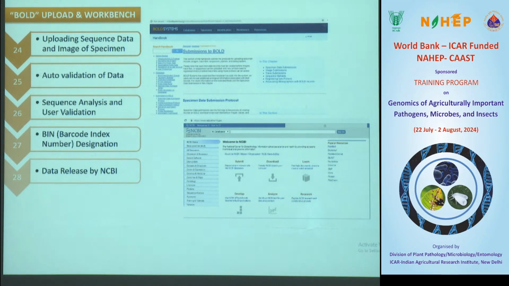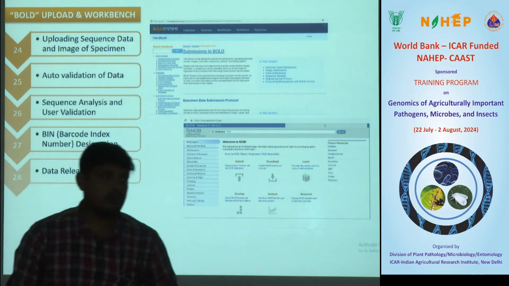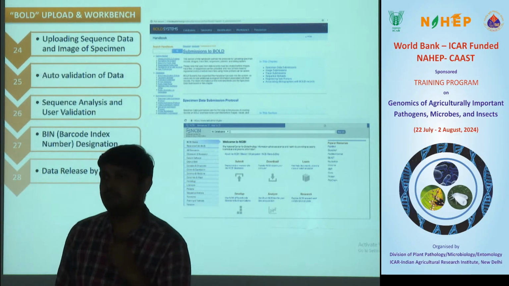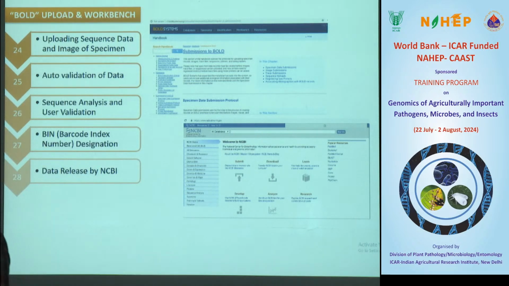For example, Helicoverpa armigera from India and New World like America and all, they have more than 2-3% difference. They will still name it as Helicoverpa armigera, but they will give 2 BIN numbers to it. That means if there are 2 BIN numbers, that means BIN 1 and BIN 2 are different in diversity, like 3% margin or something.